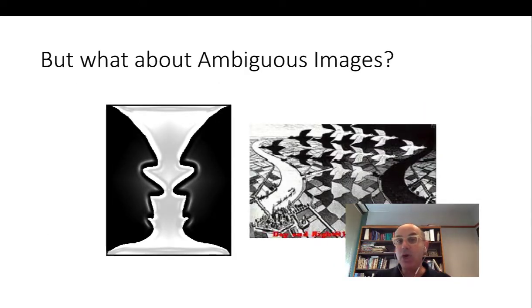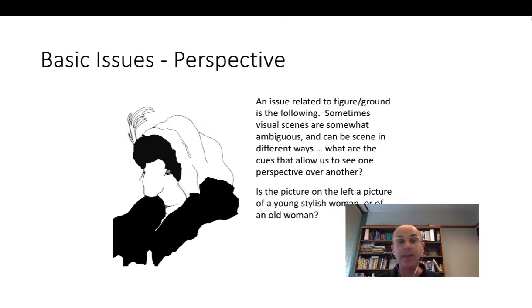What about ambiguous art pieces that usually play with ambiguous images? Dali was the mastermind behind those images. If you are not familiar, I recommend you search Dali's images and see how he plays with ambiguous images.